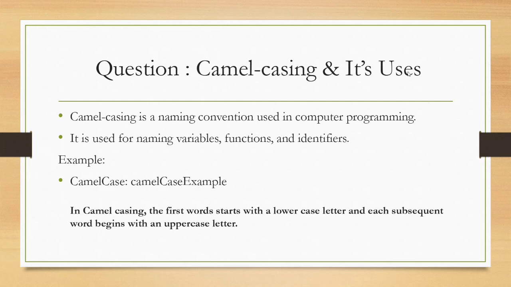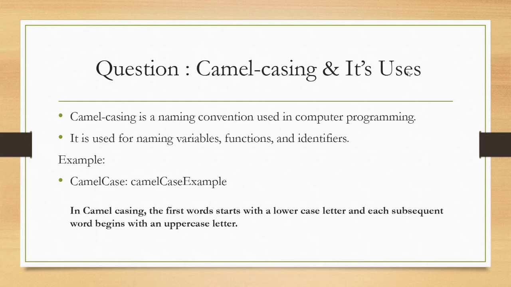When it comes to Biswajit, the B you can use as a capital letter, and the remaining letters will become small letters. And when it comes to the other word, Mohapatra, the M will be the capital letter and the remaining will be smaller letters.